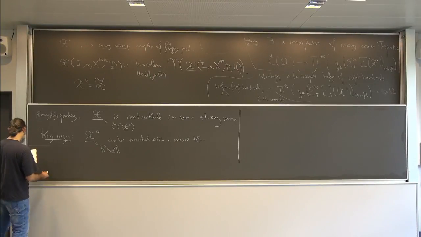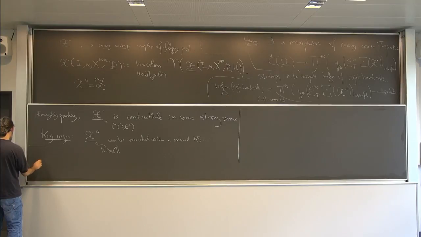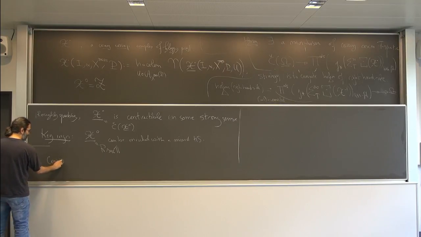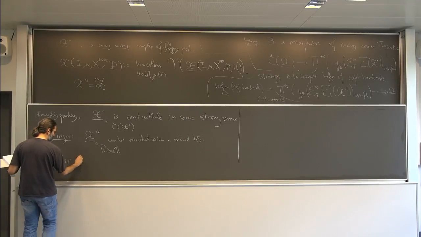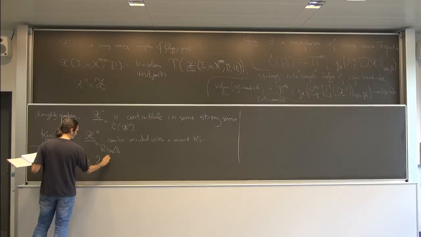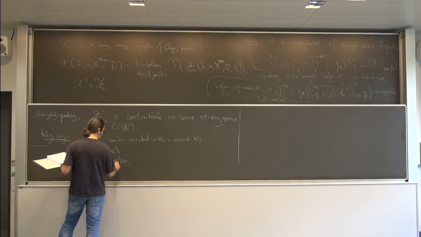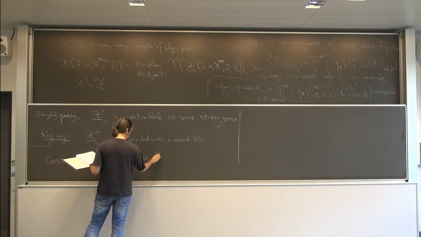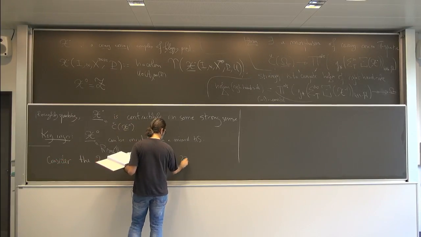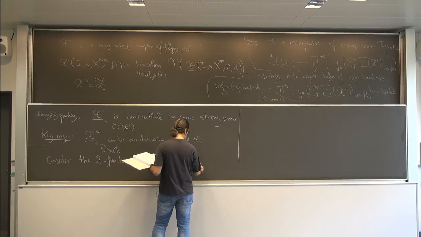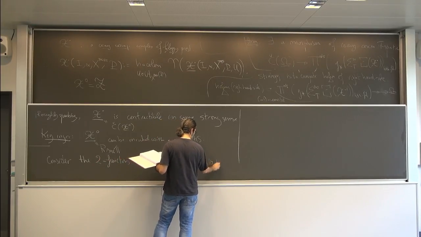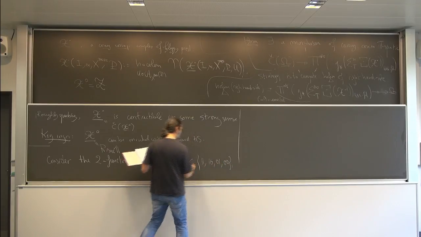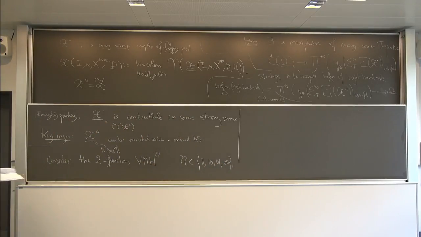Okay, so to do this properly, we consider again the two functors that I denote by VMH that exist for 1 1, 1 0, 0 1, 0 0, and which are defined similarly as for mixed regular singular.